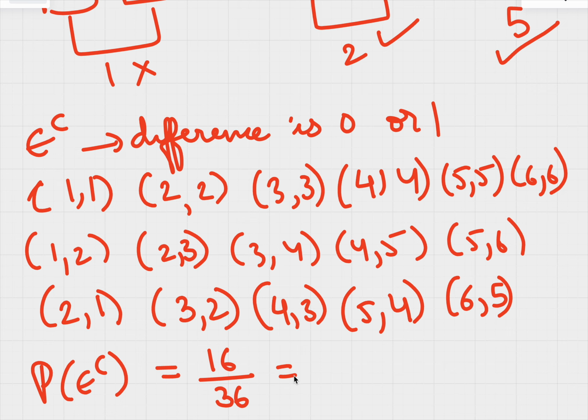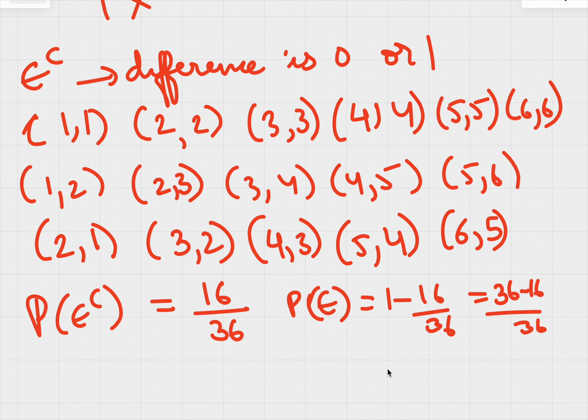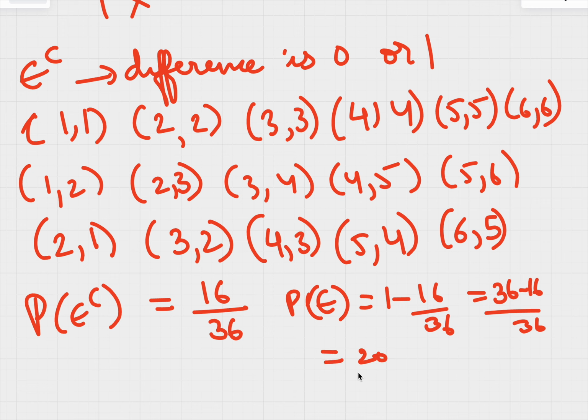Now the probability of the event is 1 minus 16 by 36, which is equal to 36 minus 16 by 36, which will be equal to 20 by 36, which is equal to 5 by 9. If you want, we can cancel it here itself, but I think it's okay to not do it. We can do it as 1 minus 4 by 9 and get 5 by 9 as well.